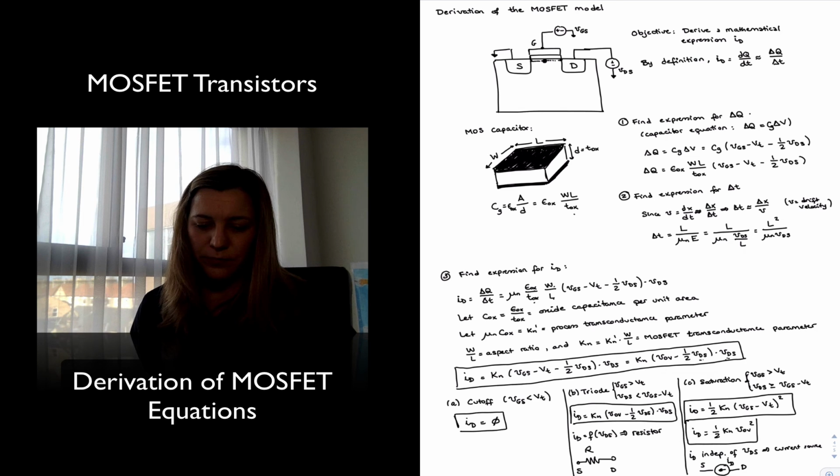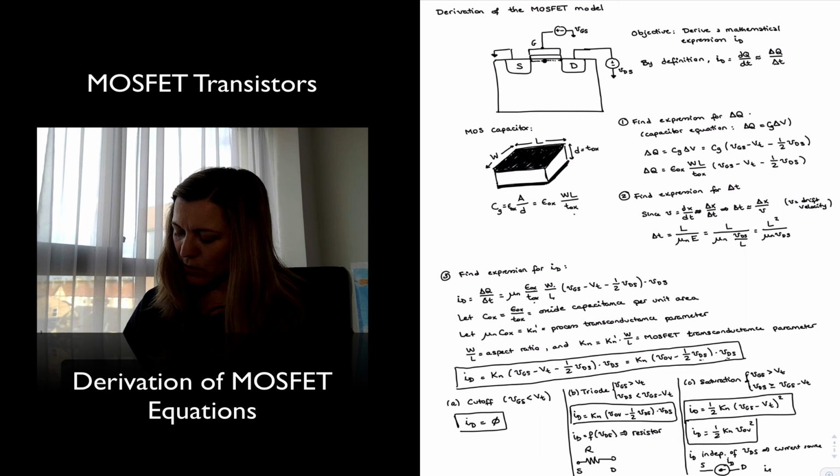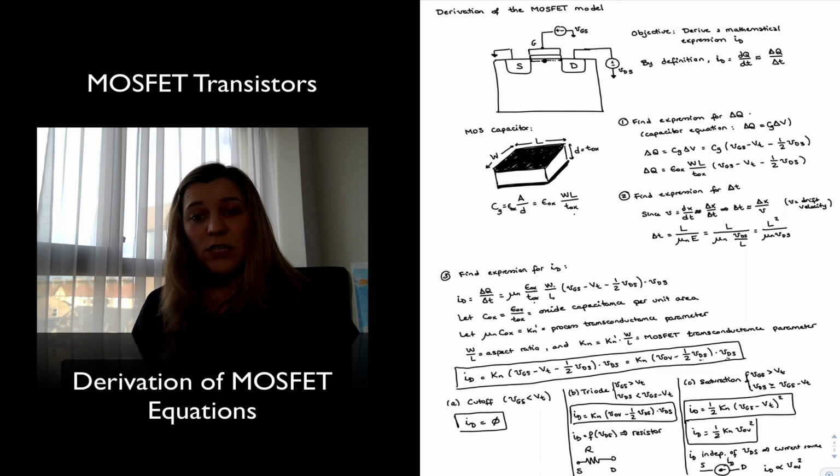That's ID. And the value of that current is related to VOV squared. And again, notice that quadratic relationship between the current and the input voltage for a MOSFET transistor, as opposed to the exponential relationship that we had in the case of the BJT between the output current and the input voltage, given by the Shockley equation.